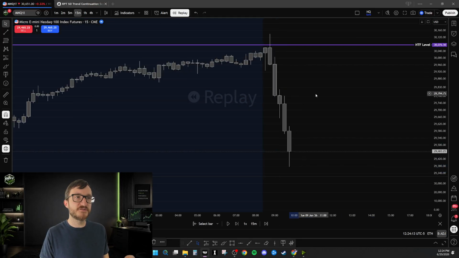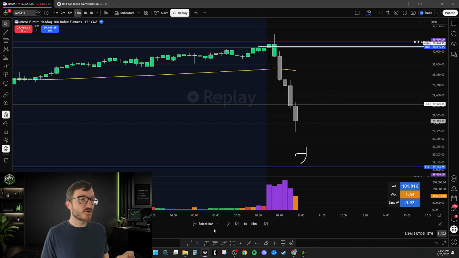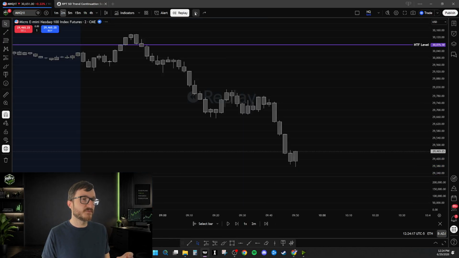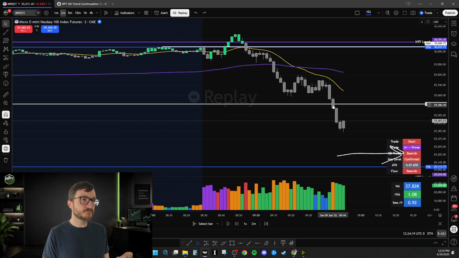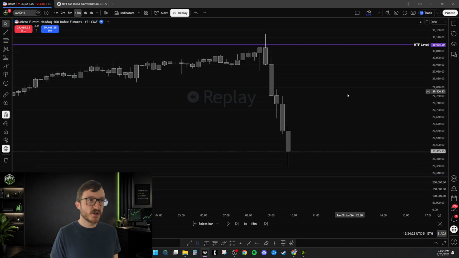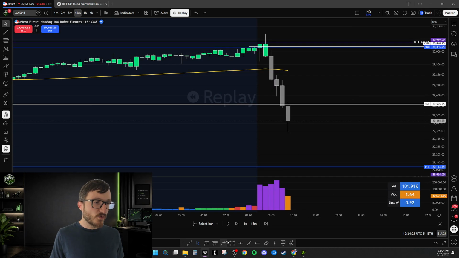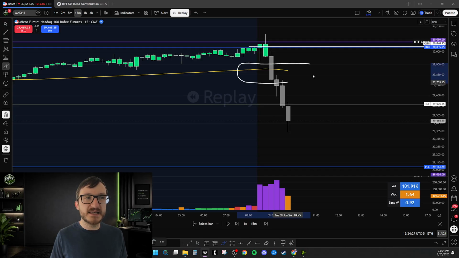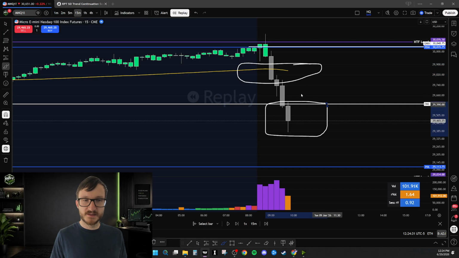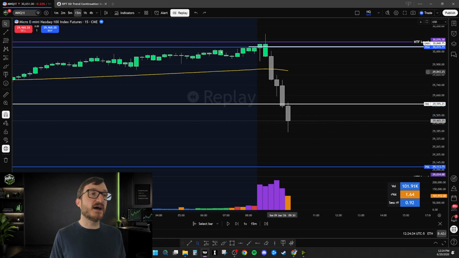So I'm going to go to the 15-minute and show you. We've crossed below it. Oops. Let me delete my little arrow and go back to the 15 so you can see. If you'll notice, we've not only crossed below that EMA, but now we're below the key level. So things are stacking.